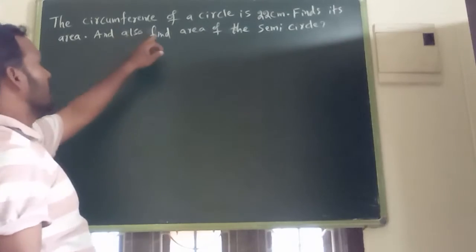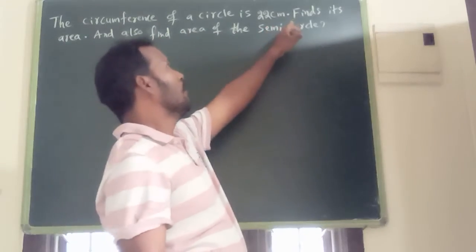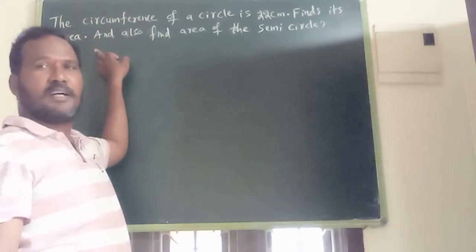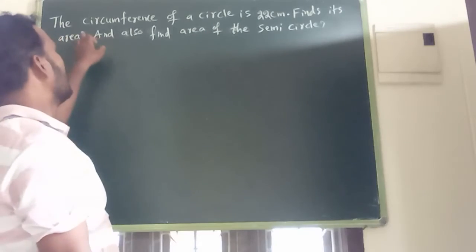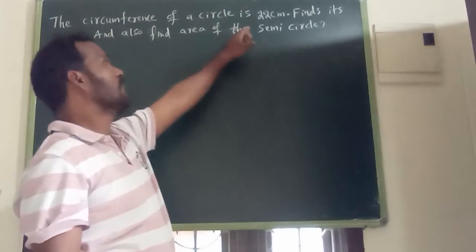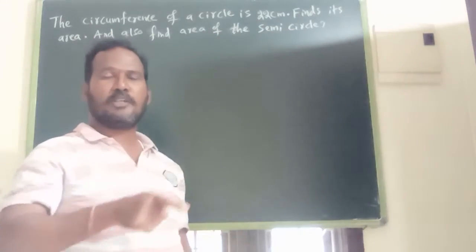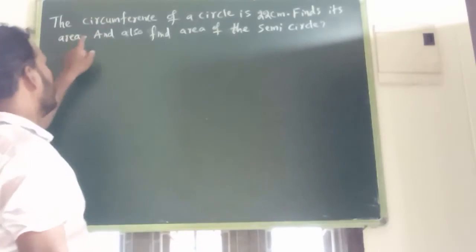The circumference of a circle is 22 centimeters. Find its area. We have to find the area of the circle. What is given? The circumference of the circle is given as 22 centimeters. Circumference means the total length of the circle.